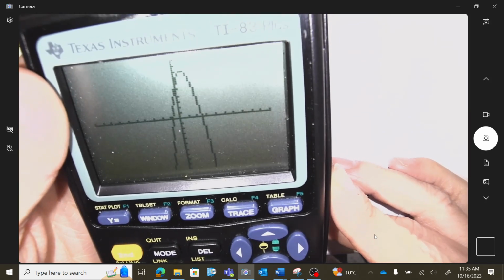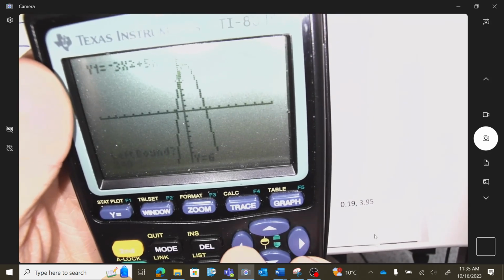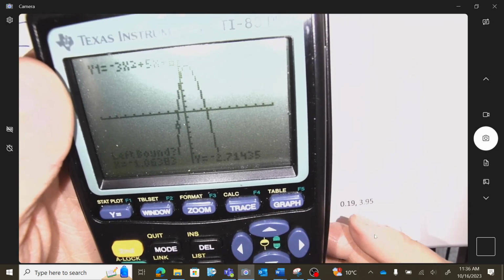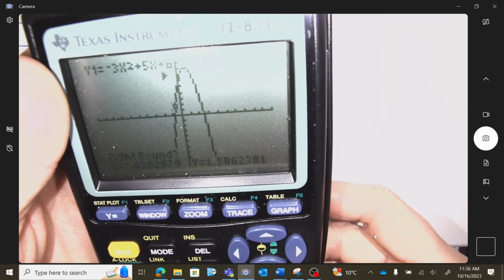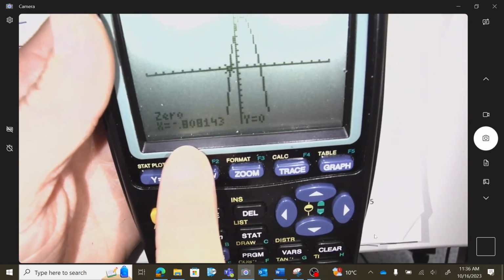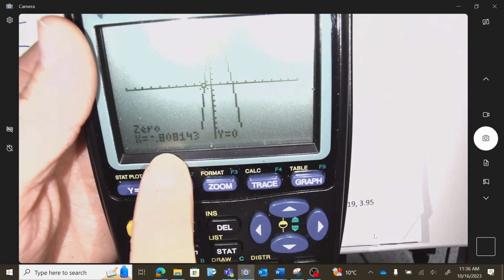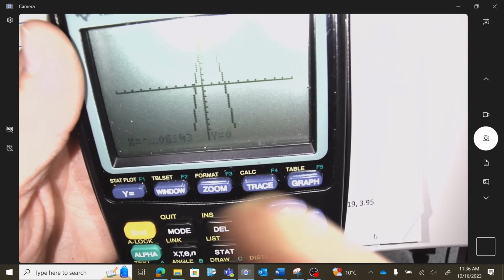Okay, so there's the upside down parabola, which we knew. Then they're going to calculate the 0, and they're going to tell the computer it's between there and there, and look at what the answer is for the x-intercept, -0.81. Okay, so that's what's happening graphically.